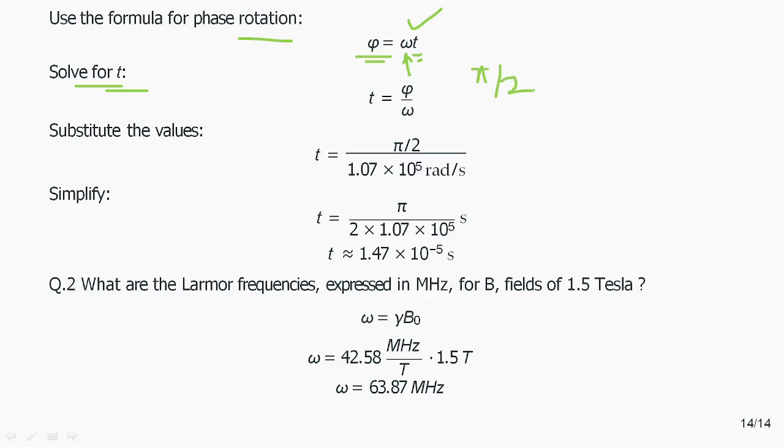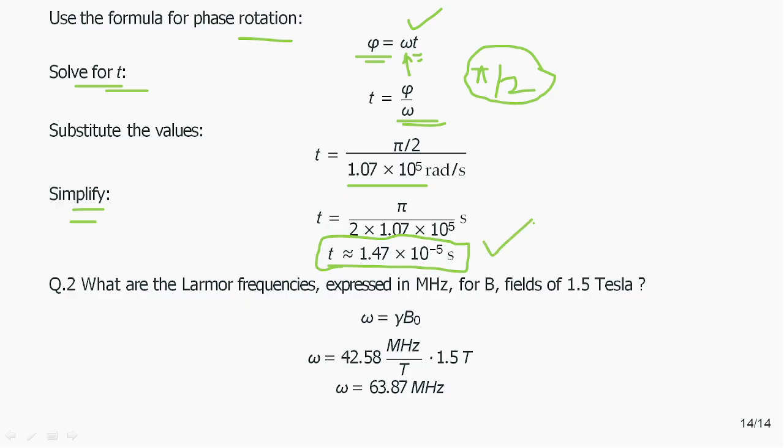So pi by 2 divided by omega, which is 1.07 into 10 to the power 5 radian per second. Simplifying that, the time required is 1.47 into 10 to the power minus 5 second.